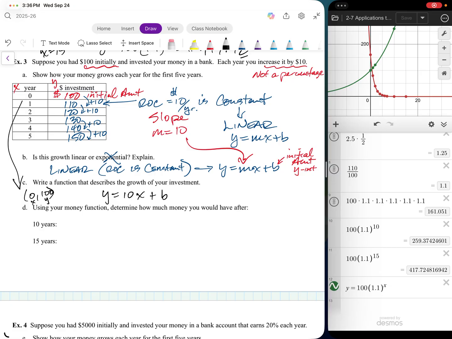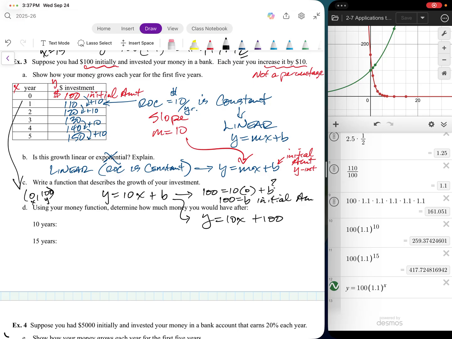The initial value is 100, not 10. So here I have 100 is equal to 10 times 0, plus b, let's find b now. Of course, 10 times 0 is 0, and so 100 equals b. This is your initial amount. We already knew that though. And so your function is y equals 10 times x plus 100.